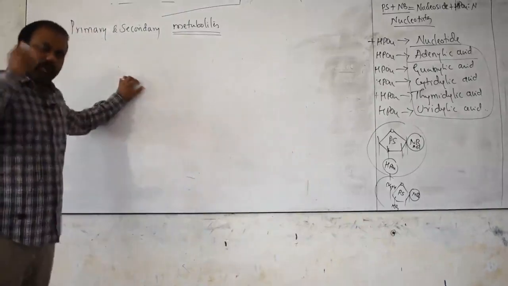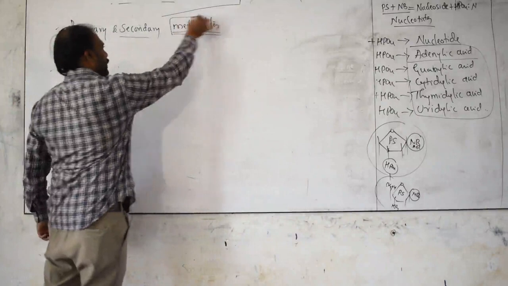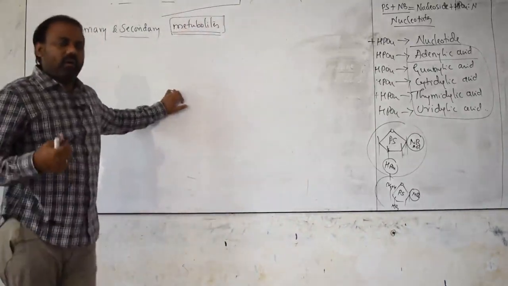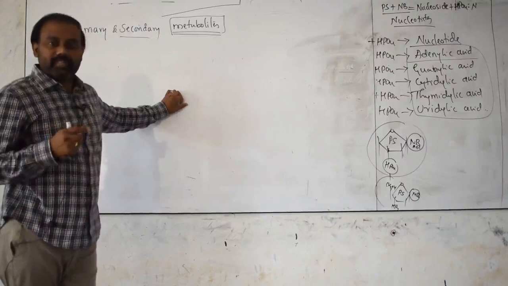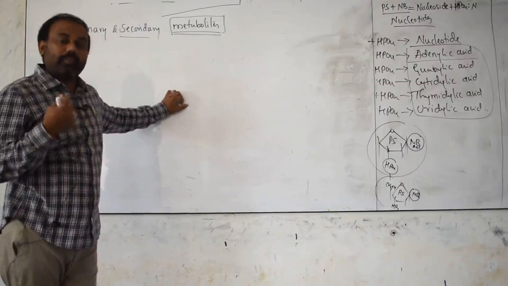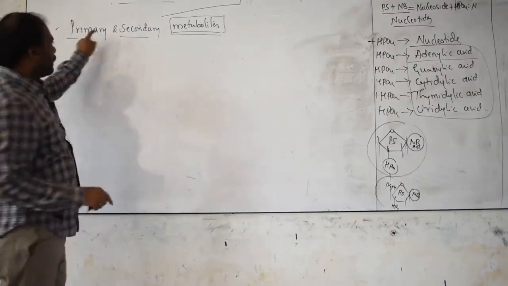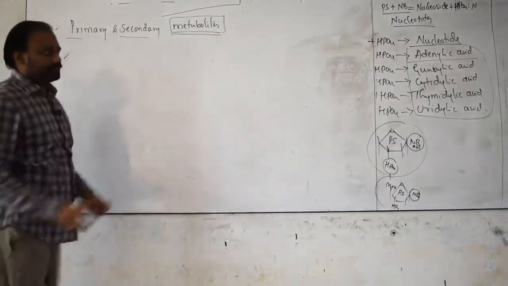Very simple and small topic. The next word is very important, metabolites. What do we mean by metabolites? What are metabolites? Where are they present? Who can produce these metabolites? Yes or no? So this whole concept comes under primary and secondary metabolites. Very simple to understand.